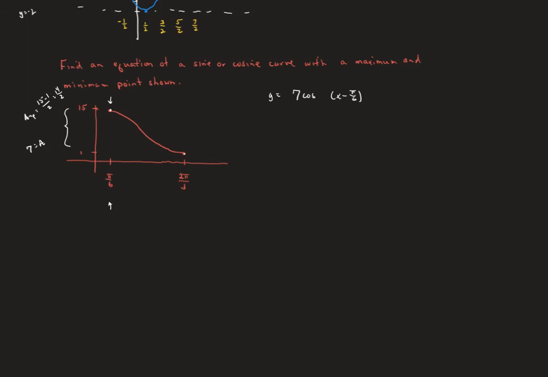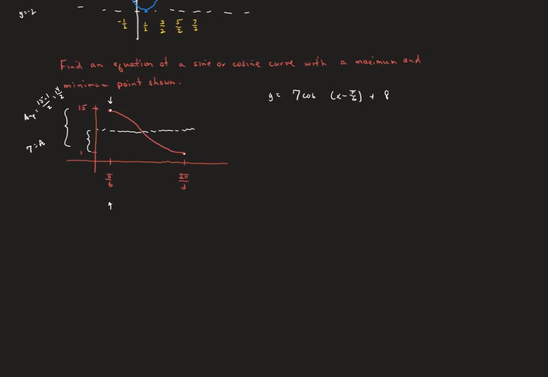Now the midline then is going to be our translation vertically. So we're going to add our amplitude, or our stretch, that's 7, to the low point, or subtract it from the high point. So adding 7 to 1 is going to make that be a +8 over here.